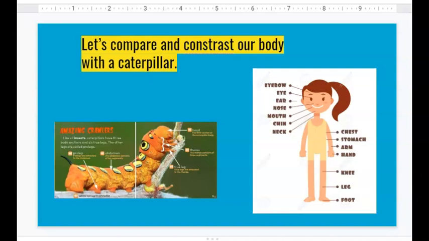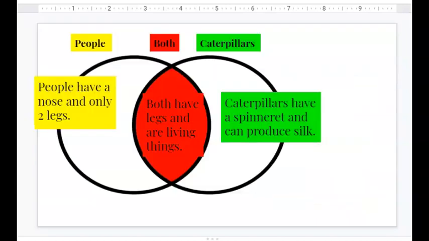And what is different? Here's a Venn diagram to talk about it. In the middle is what they both have. Both people and caterpillars have legs and they are living things.